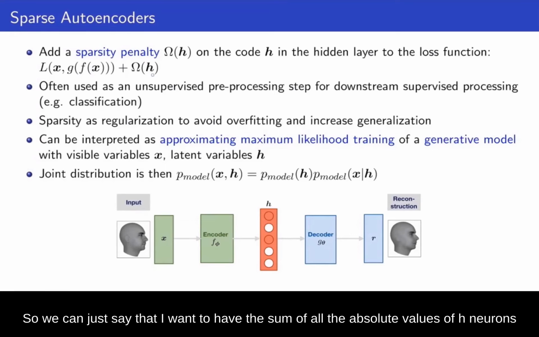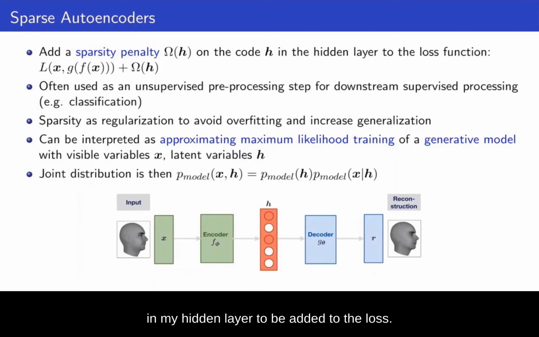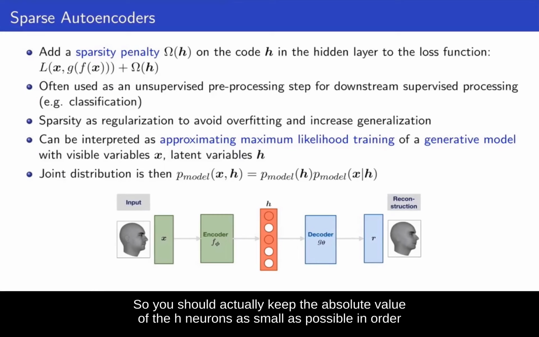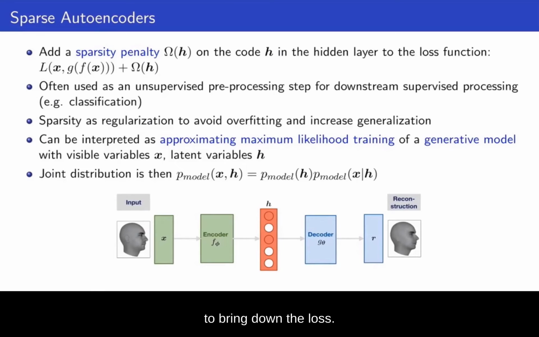We can just say that I want the sum of all the absolute values of the h neurons in my hidden layer to be added to the loss. So you should keep the absolute value of the h neurons as small as possible in order to bring down the loss.